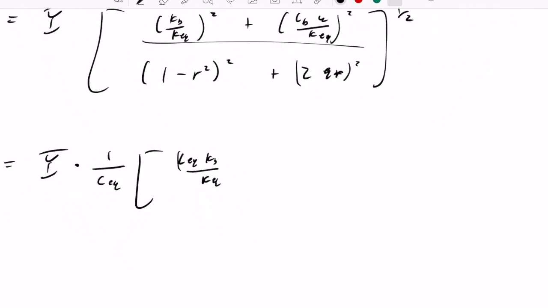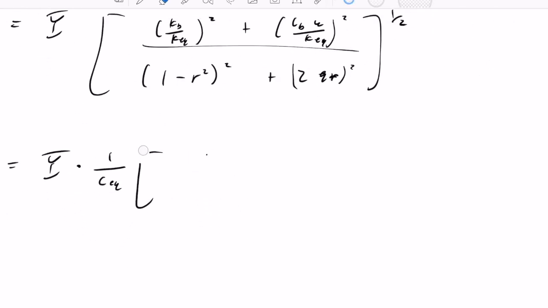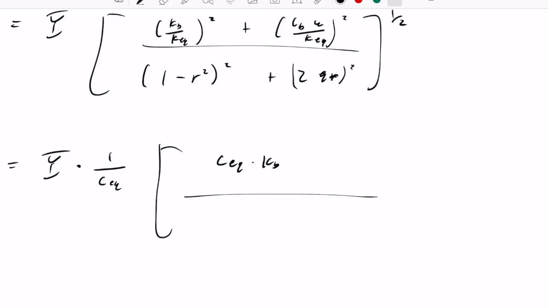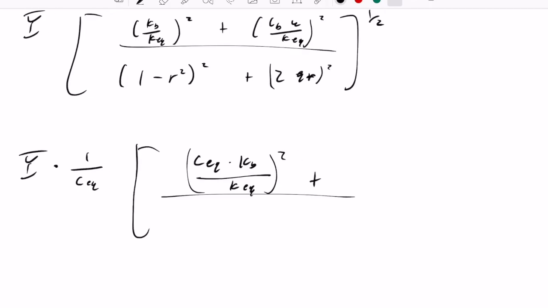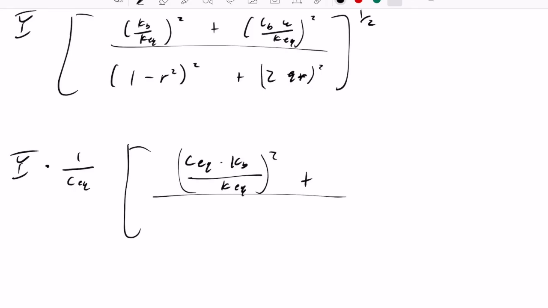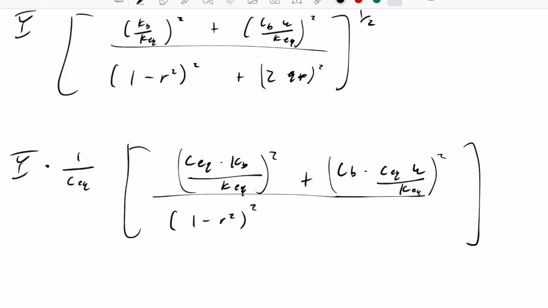Let's just write it bigger, okay? There. CEQ times KB over KEQ squared plus CB times CEQ omega over KEQ, squared, and then the bottom stays the same.